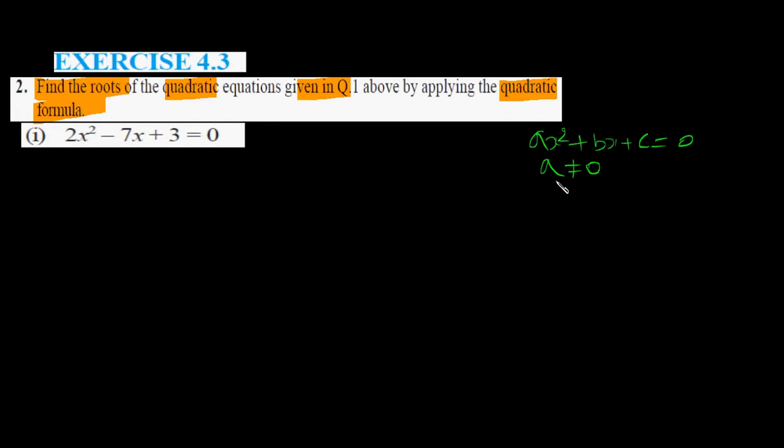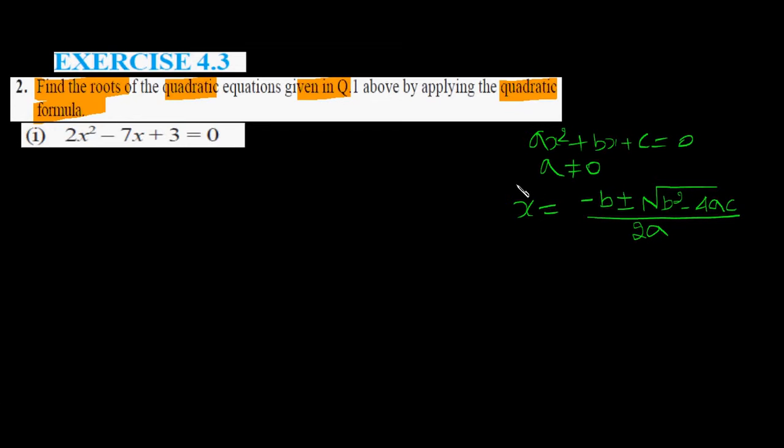So from this standard quadratic equation, the quadratic formula says that the value of x is equal to minus b, where b is the coefficient of x, plus minus square root of b square minus 4ac, divided by 2a.